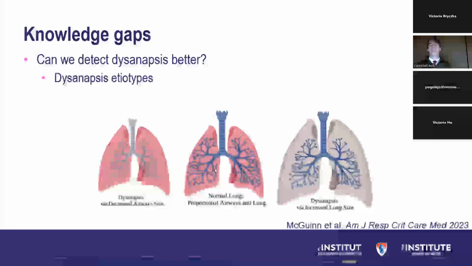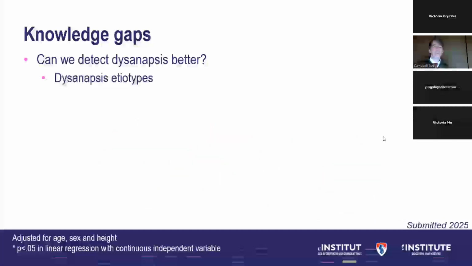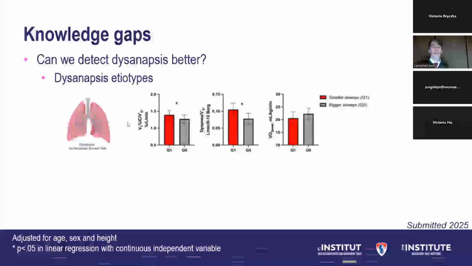Here's a normal proportioned lung, and here's someone who has big lungs. And technically, these would both align with that original definition of airway to lung mismatch proposed by Green back in the 70s. So we thought we could probe this a little bit thanks to CT scans.